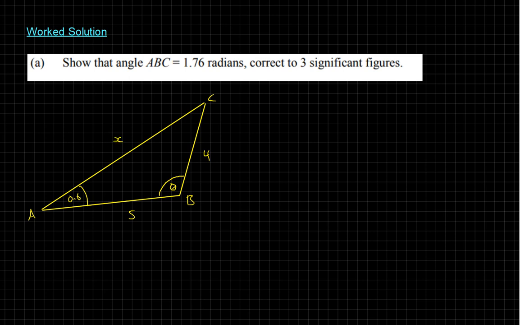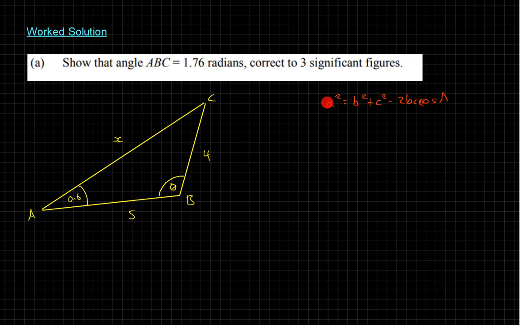However, if I know an angle and I know two of the sides, I can find the remaining side by using cosine rule. So remember, in general, cosine rule: a squared equals b squared plus c squared minus 2bc cos A. In this case all that really matters is that the a side is the side which is opposite to the capital A angle.